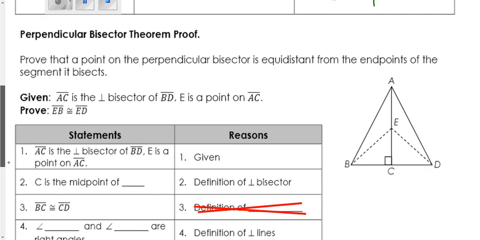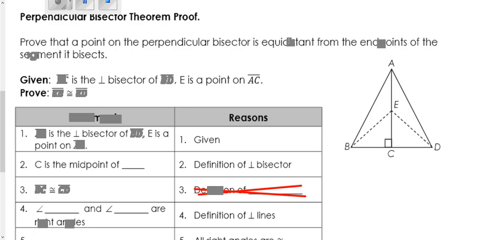Alright, so we have to actually prove the perpendicular bisector theorem. Let's actually just go to the given. It says that you're given that AC, so this segment right here, is the perpendicular bisector of BD.